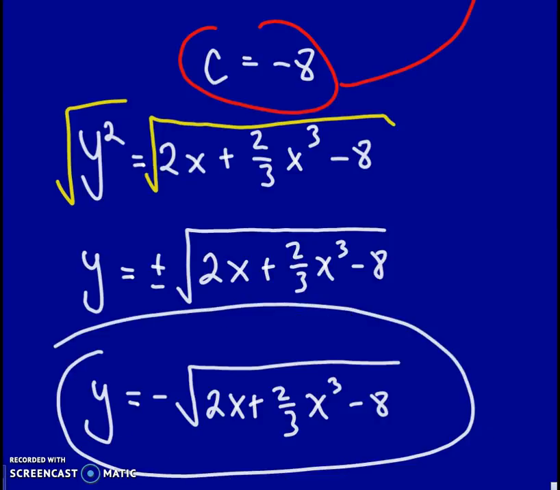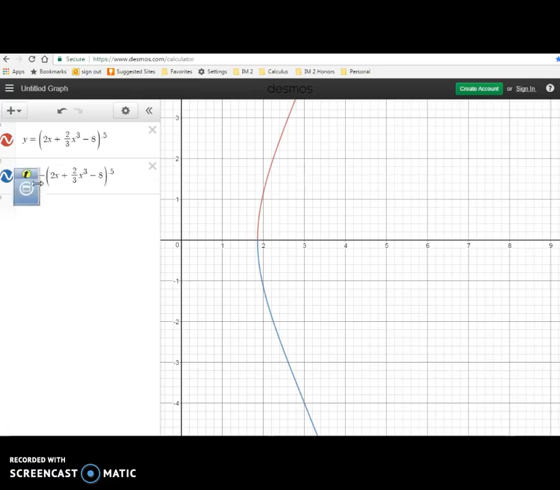The reason for that, I'm going to use decimals to show. In red is the positive square root of 2x plus 2/3 x cubed minus 8, raised to the 1/2.